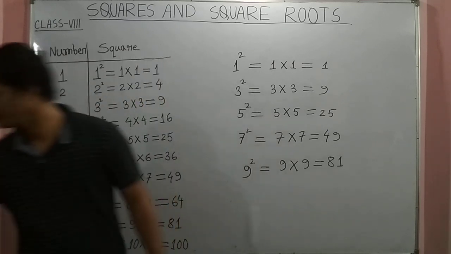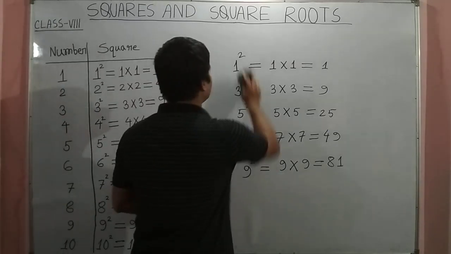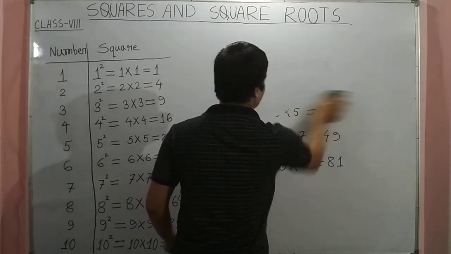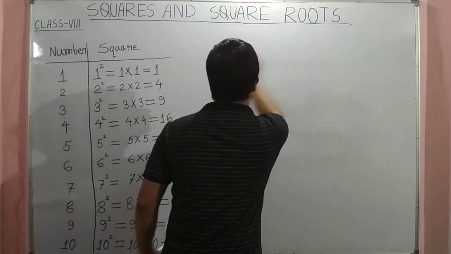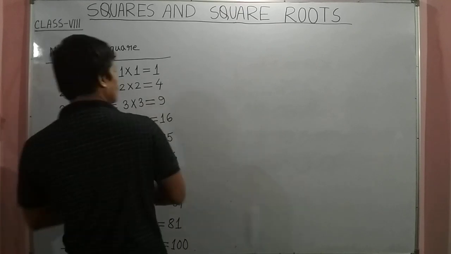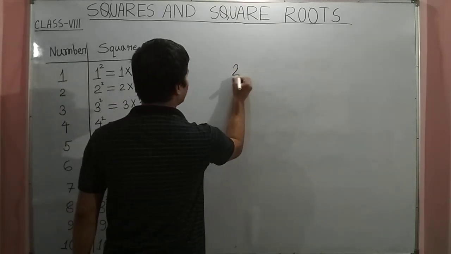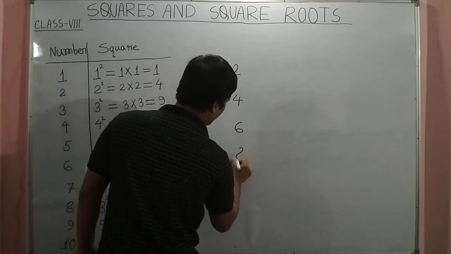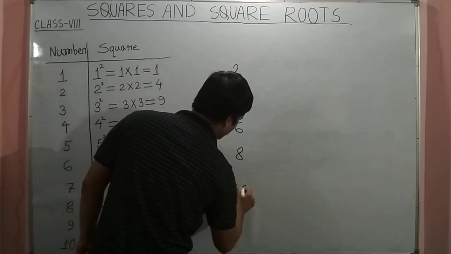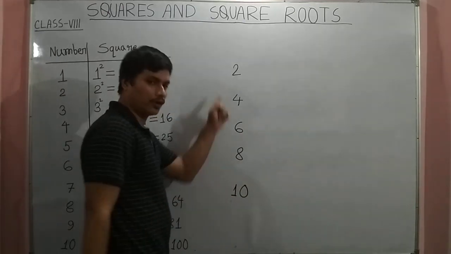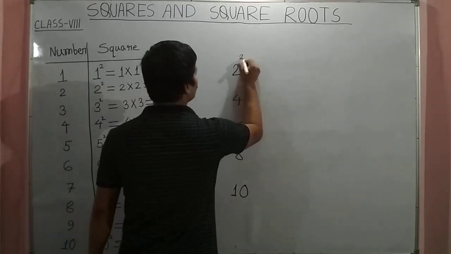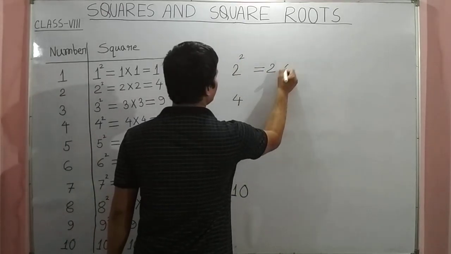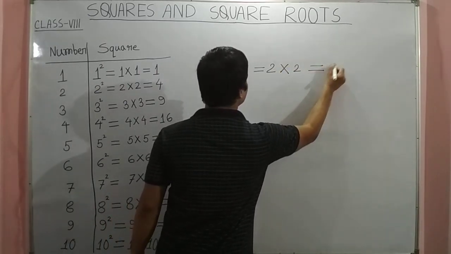Okay, again we will discuss even numbers. Now I will take the even numbers 2, 4, 6, 8, 10. Now we will find the square of these even numbers. 2 square, we can write 2 into 2, this is 4.